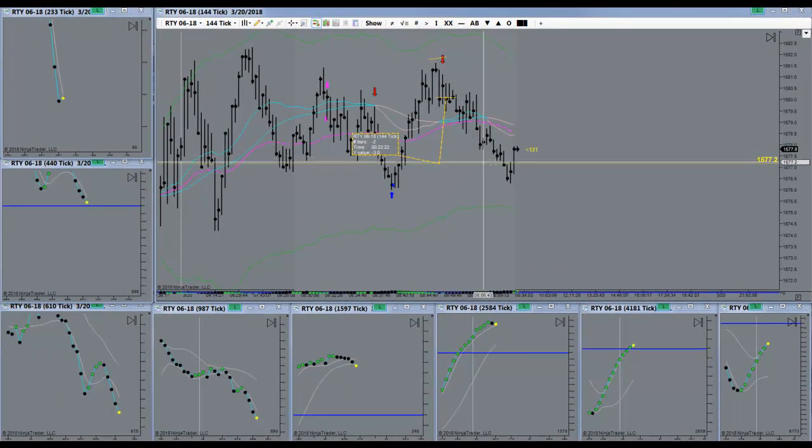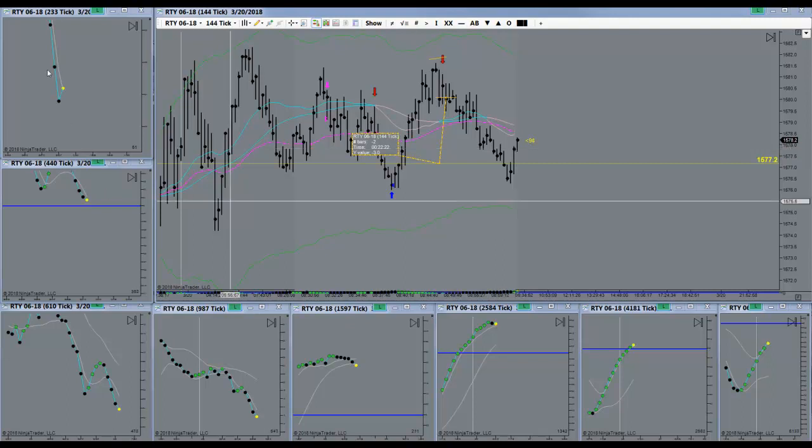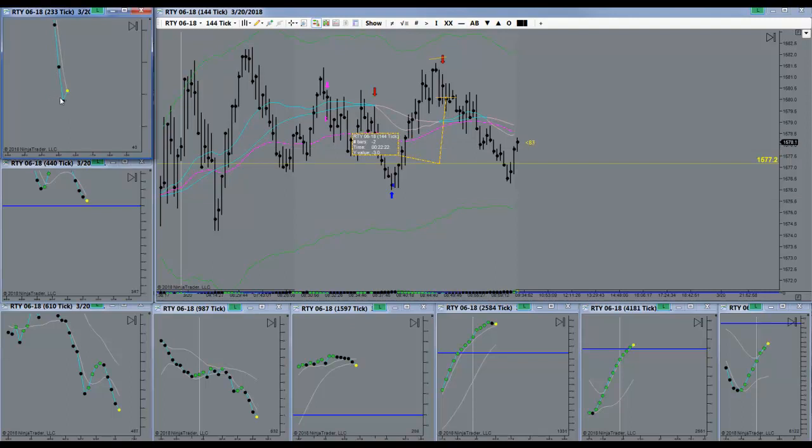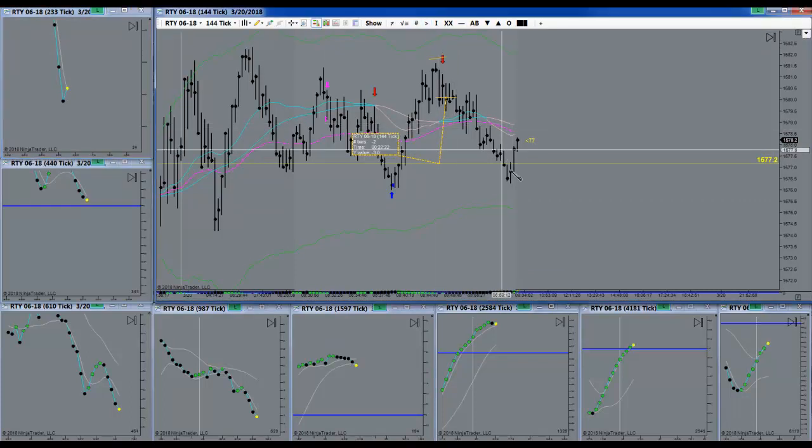What happened? Well, we gave a little bit back, didn't we? So many times, a bird in the hand is worth two in the bush. The first sign of danger was this 233 BB going back to the upside. So if you were to exit at the first sign of danger, you gave a little bit back compared to where you would have gotten out here without getting greedy. You would have had more in your dome if you had exited with both here than if you had exited at the first sign of danger.